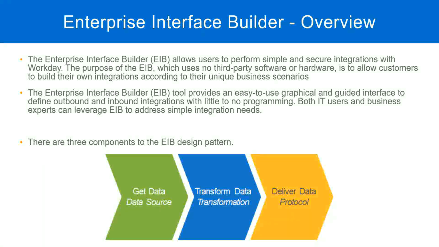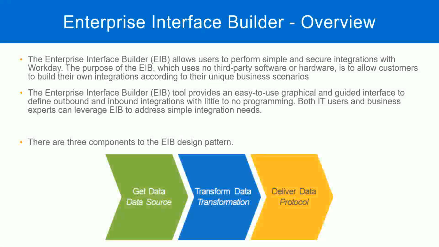Deliver, or you have to send the data to the recipient. Right. Isn't that what we discussed? So any integration will have 3 steps. First we have to get the data from somewhere. Some of you said we will Google the data. Absolutely. So you can get the data from somewhere.